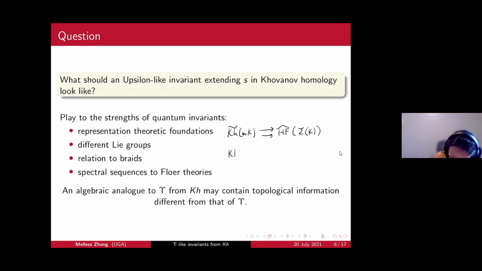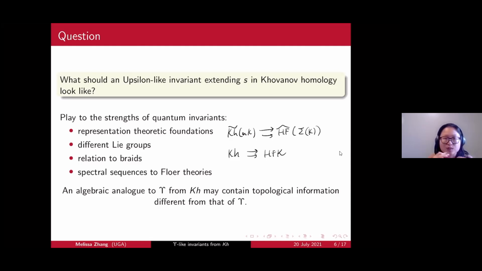There are also spectral sequences like this, by Ozsváth–Szabó and this one by Dowlin. The point here is that all of the pages in between Khovanov theories and the Floer theories are invariants. So we can also use those spectral sequences as part of our grading information that we want to play with.